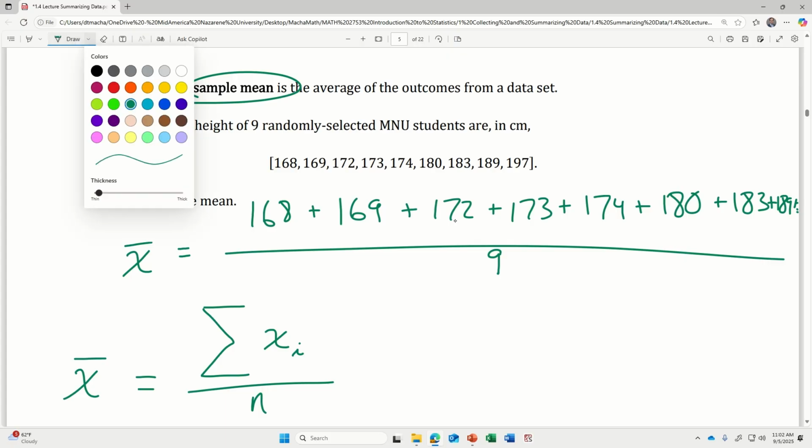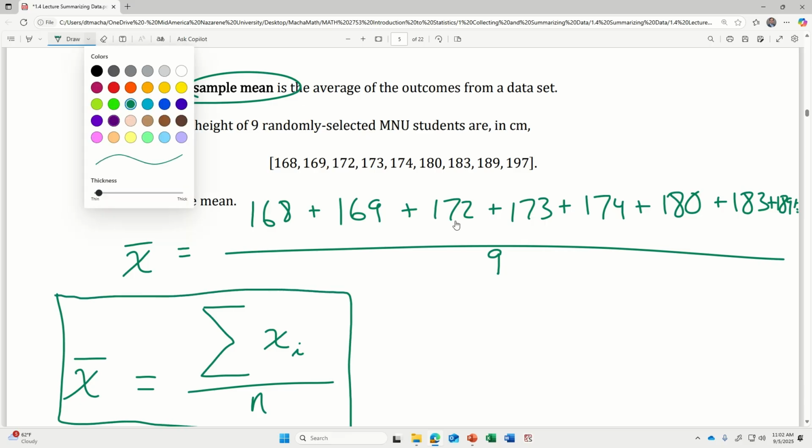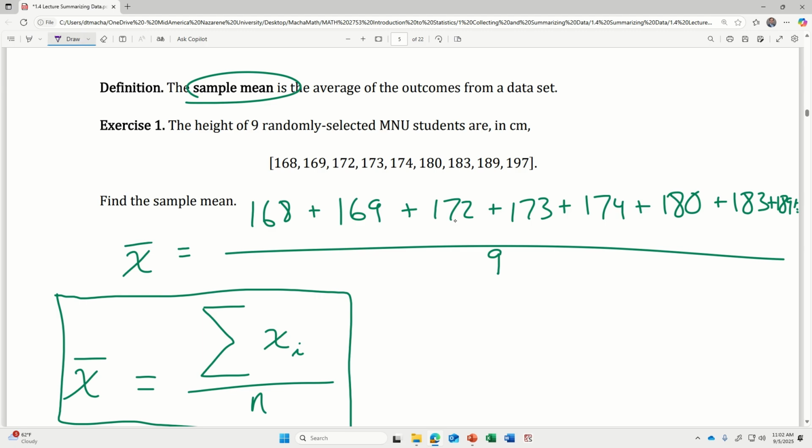And in that formula, this is the way you would see it written out if you look for a formula for the sample mean on the internet or in a textbook. It's probably going to look like this. The capital Greek letter sigma means it's a sum. You're going to add all of it up.